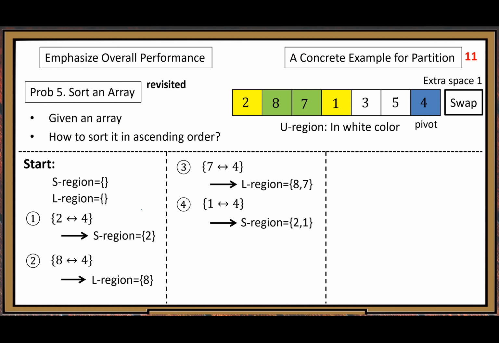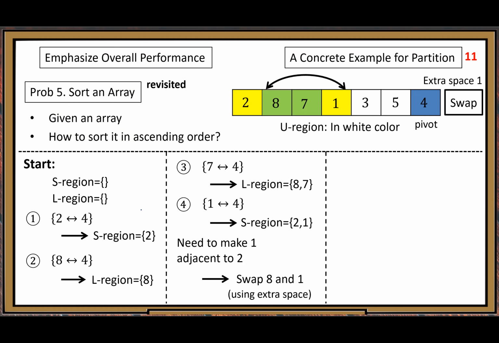How to make that change? We do a swap operation. We swap element 8 and element 1. With one swap operation, we can make the yellow region blocks all in consecutive locations, and the gray region elements all in consecutive locations.